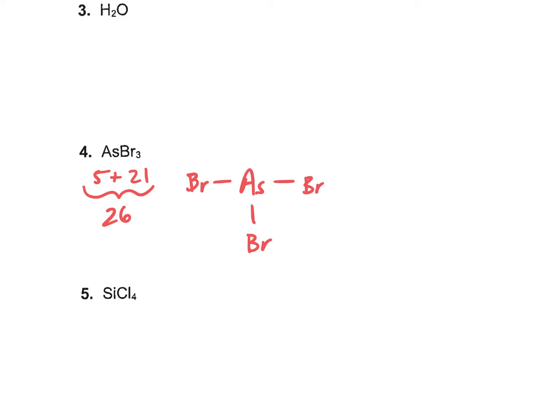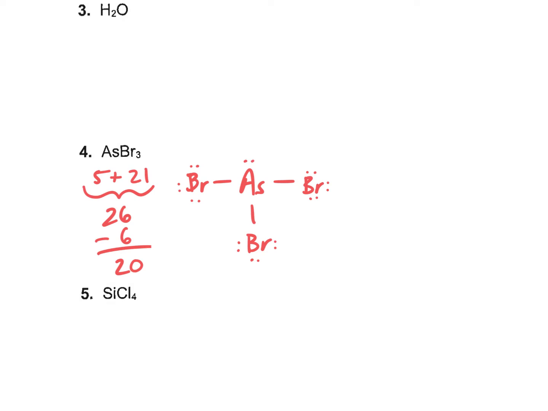All right, I used 6 electrons to bond the bromine, so that leaves me with 20 left over. If I distribute that 20, that's going to be 1, 2, 3, 4, 5, 6, 7, 8, 9, 10, 11, 12, 13, 14, 15, 16, 17, 18, 19, 20.